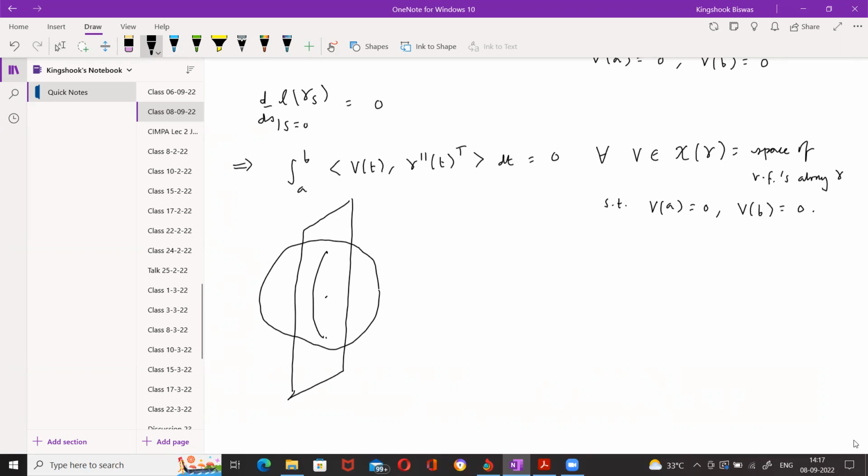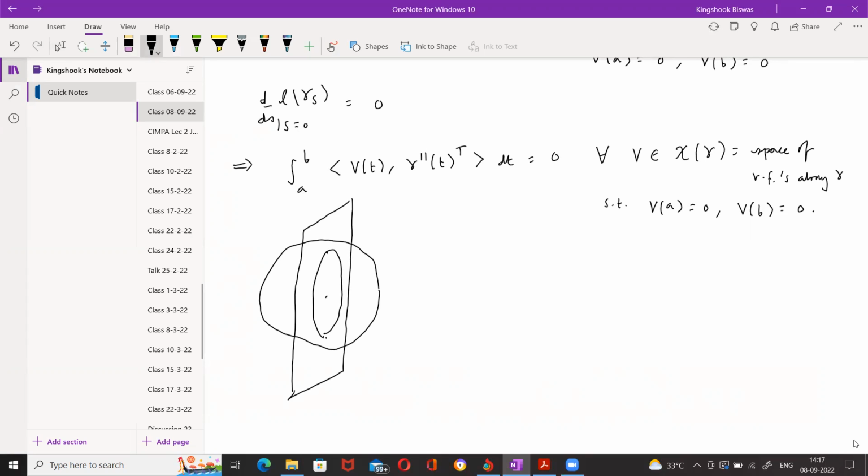And the intersection will be longitudes. Is this clear? So the intersection will be a circle in this plane also.